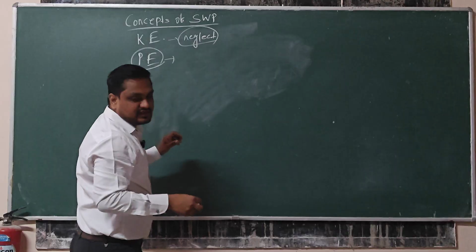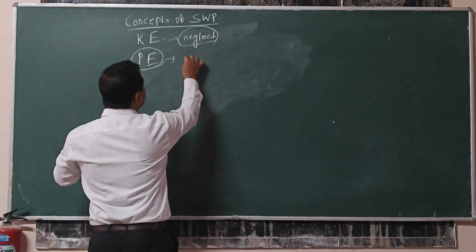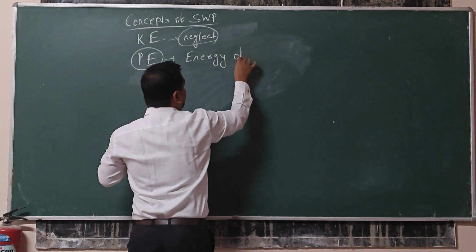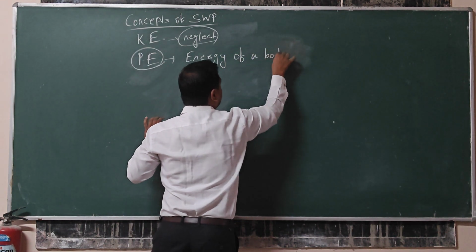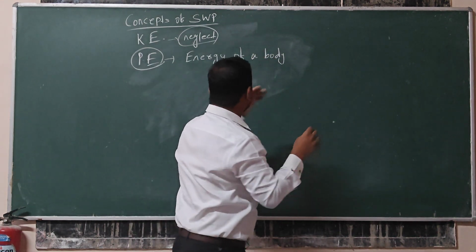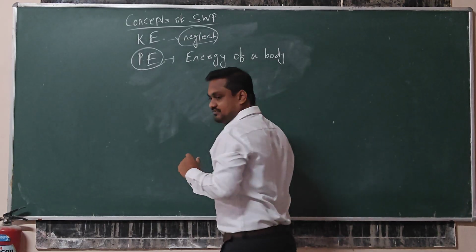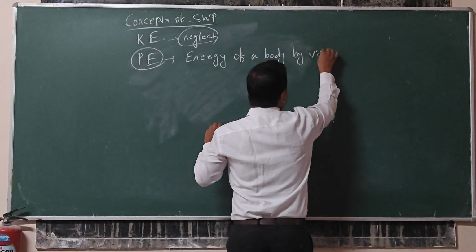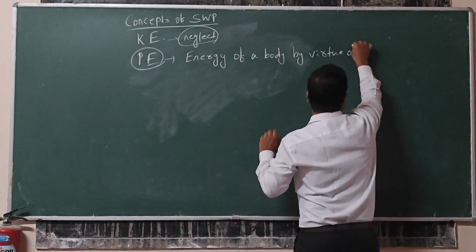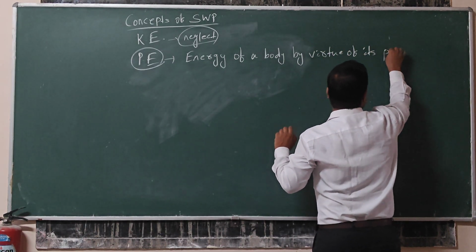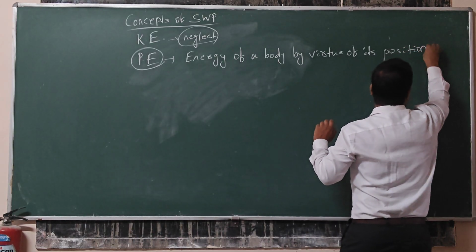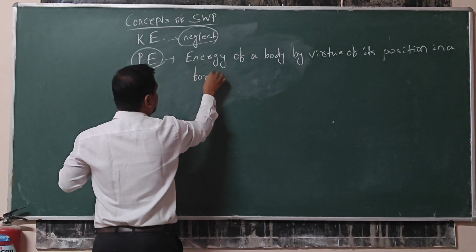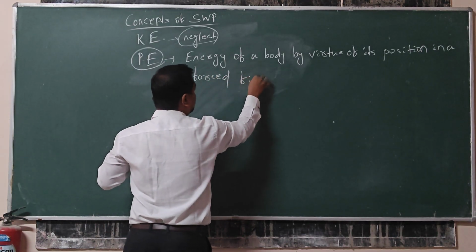So what is potential energy? This is the energy of a body. That may be a water body or any body. This is a universal concept: energy of a body by virtue of its position in a force field.